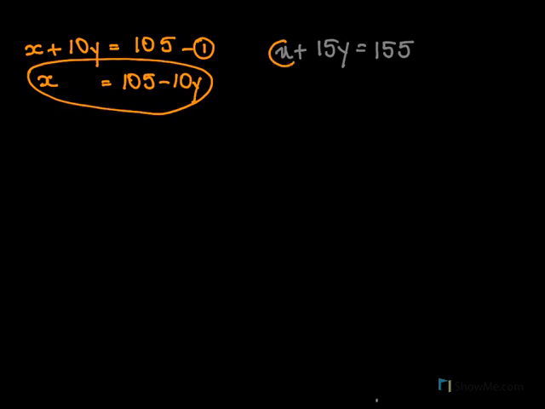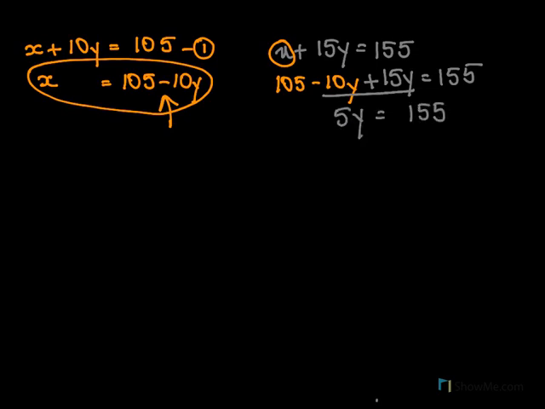So for this X, I'm going to put 105 minus 10Y, plus 15Y, equal to 155. Here I'll put together minus 10Y and 15Y. So I get 5Y equal to 155 minus 105. So 5Y equals 50, and Y is 50 over 5, and Y is 10.